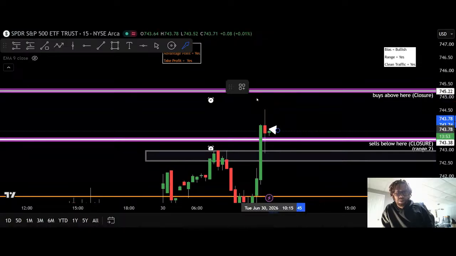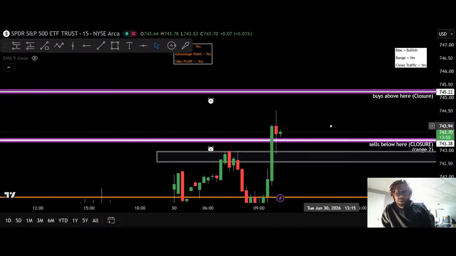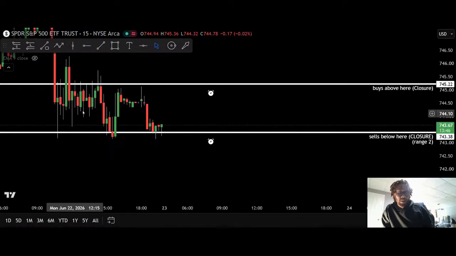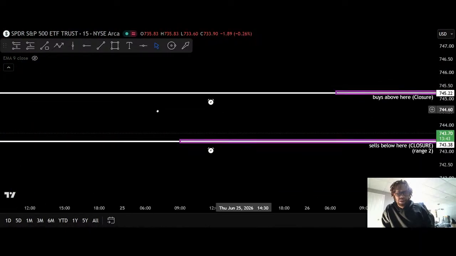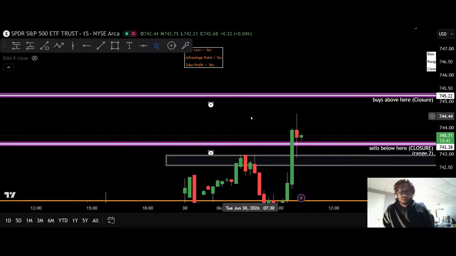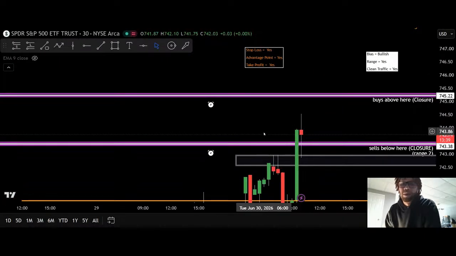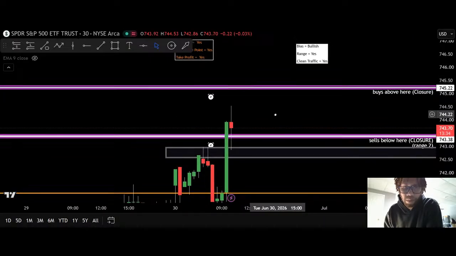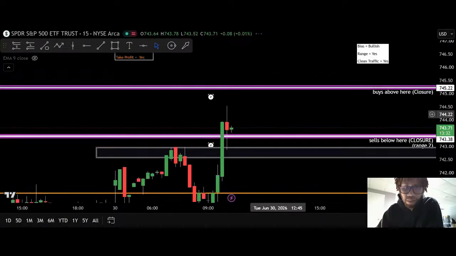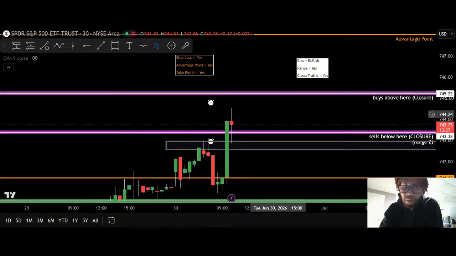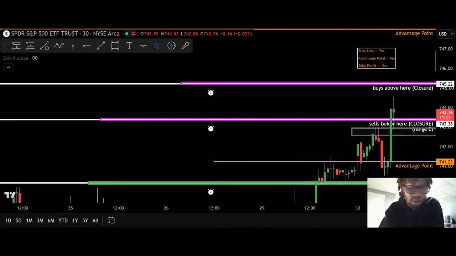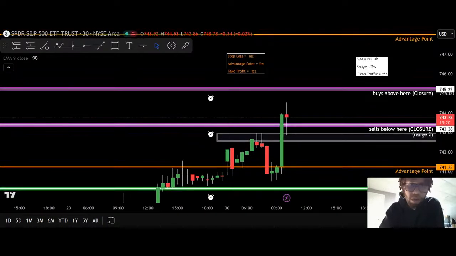But if we just push up, I'll let it go, because again, we're above this level here. We got 13 minutes for this 30-minute candle to close.